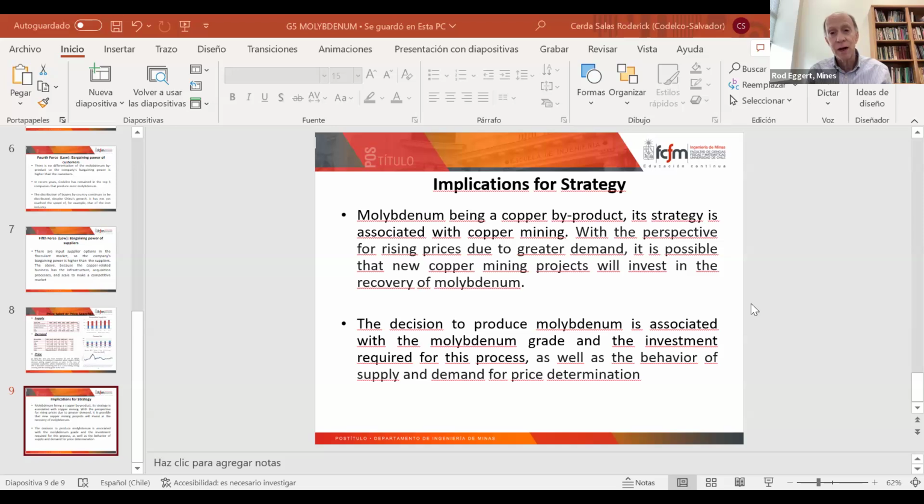So of the 5 Porter forces, which is or are the biggest worries for the molybdenum executives at Codelco? Do they worry about existing rivals? Do they worry about entry? Do they worry about customers, input suppliers, or substitutes?